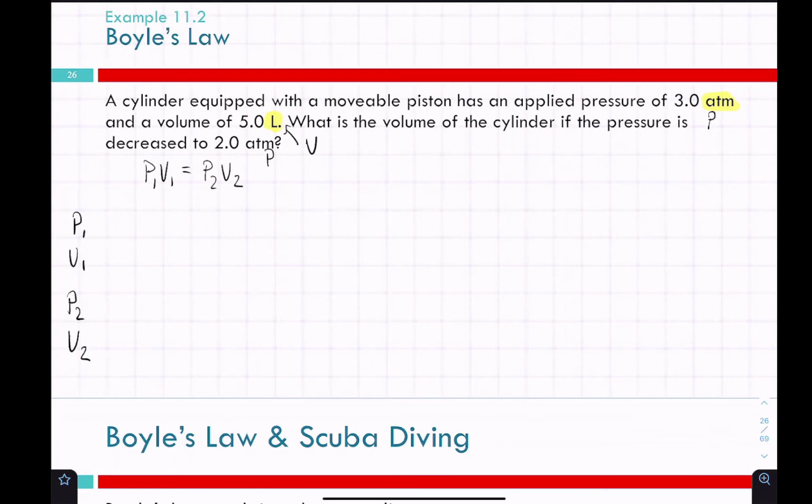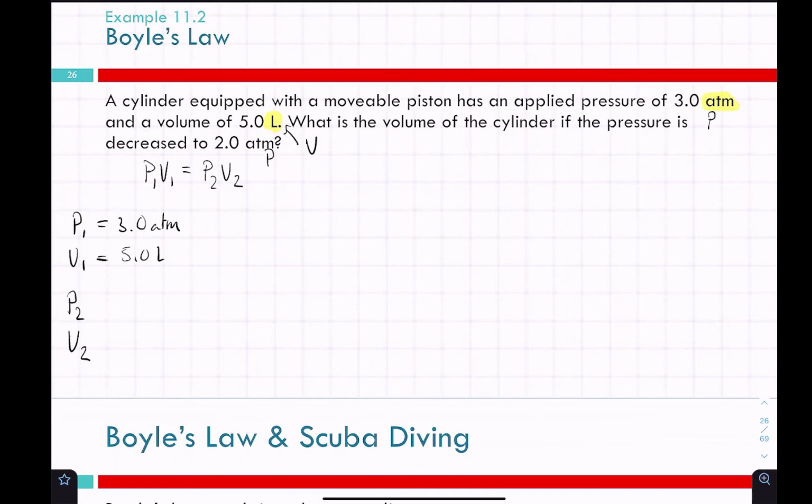Which of these is going to be P1? 3.0. And then our V1 will be 5.0 liters. Right, so those are sort of here together, right? 3.0 atmospheres and a volume of 5.0 liters.